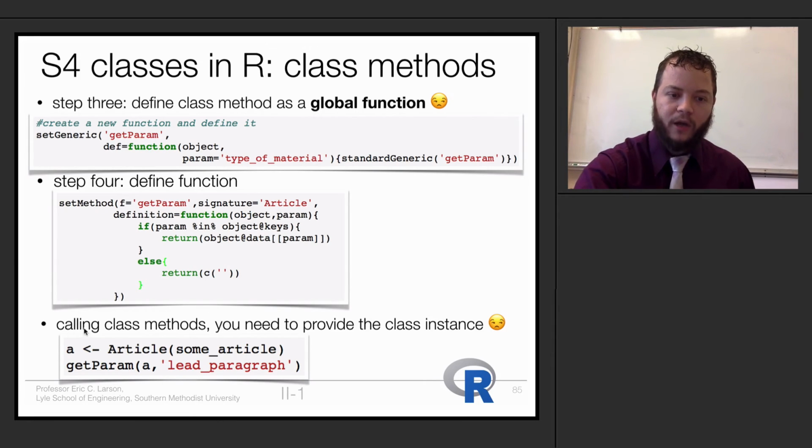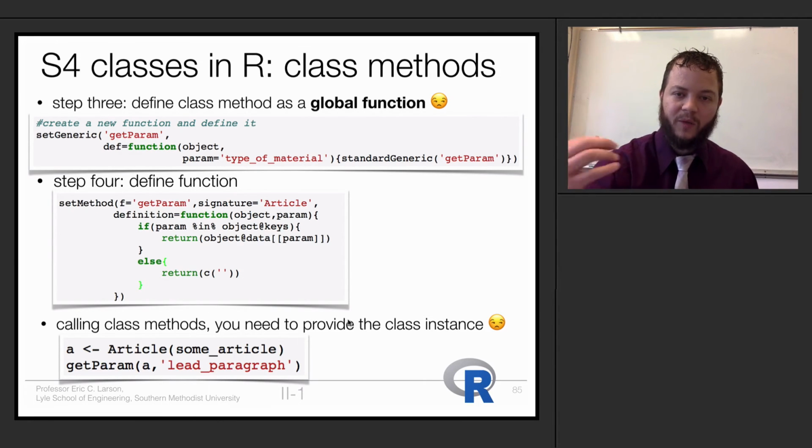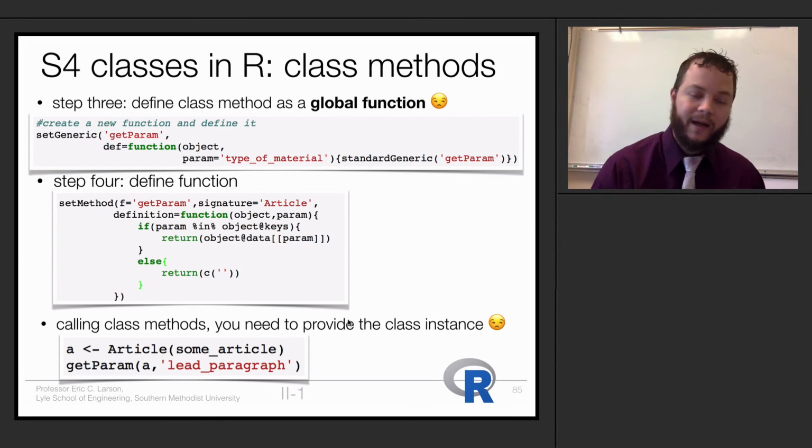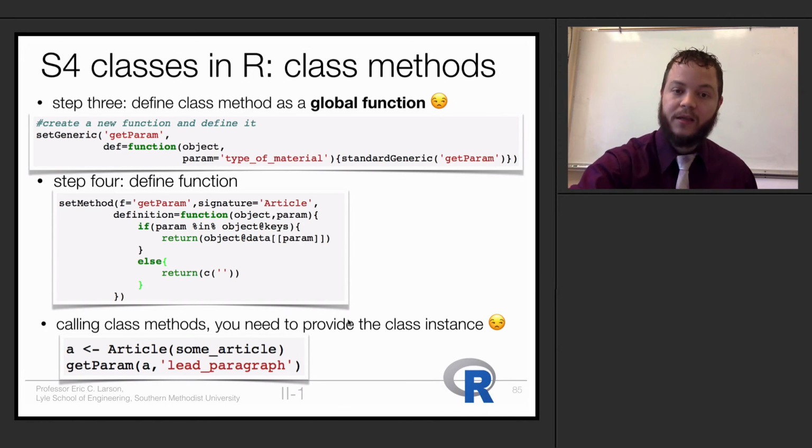And so now I can call class methods, but it doesn't automatically provide the instance to the class. So essentially I'll create A at the article, right? So some article, I'll initialize A, and I'll say get the parameter, and I'll pass in A. I have to pass in the instance of the class, and then the parameter, which is lead paragraph right here.